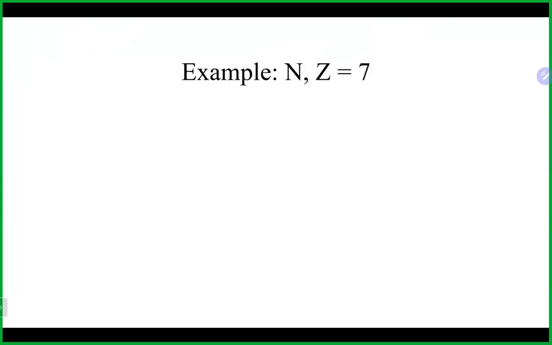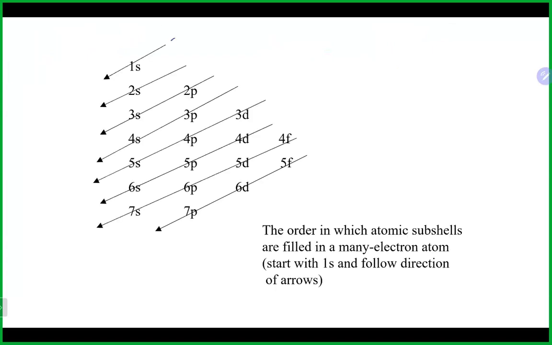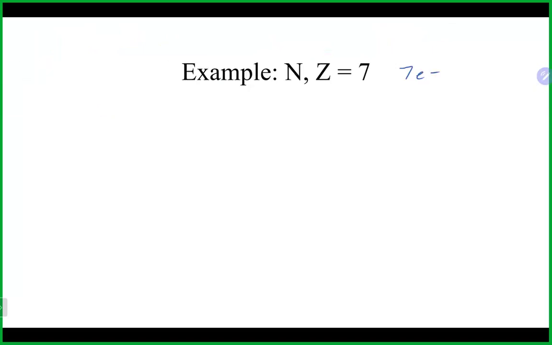And nitrogen is the 7 on the periodic table, which means it has 7 electrons. That means we are still in our 2p. So we're starting here. That's 2, that's 4, and we have 6 to play with here. So for nitrogen, we are going to go 1s2, 2s2, 2p3.